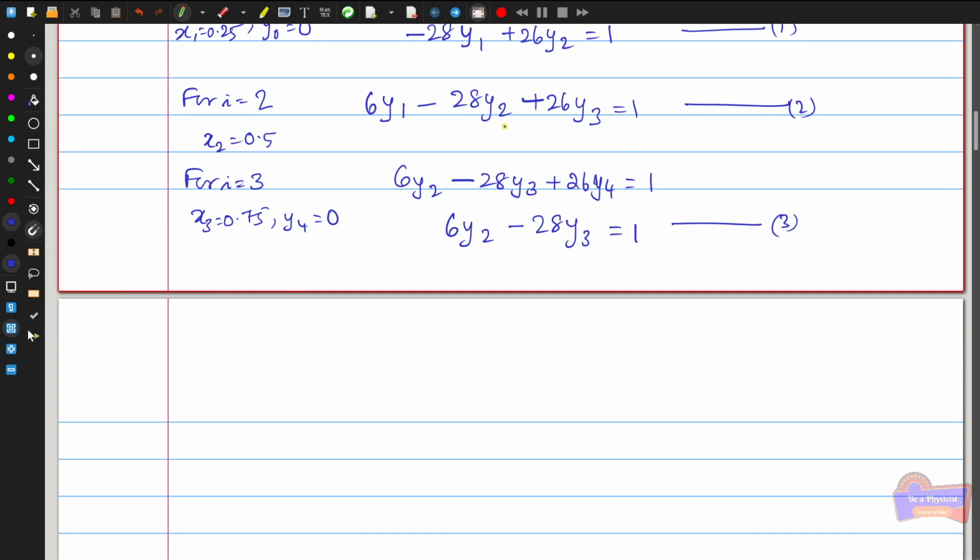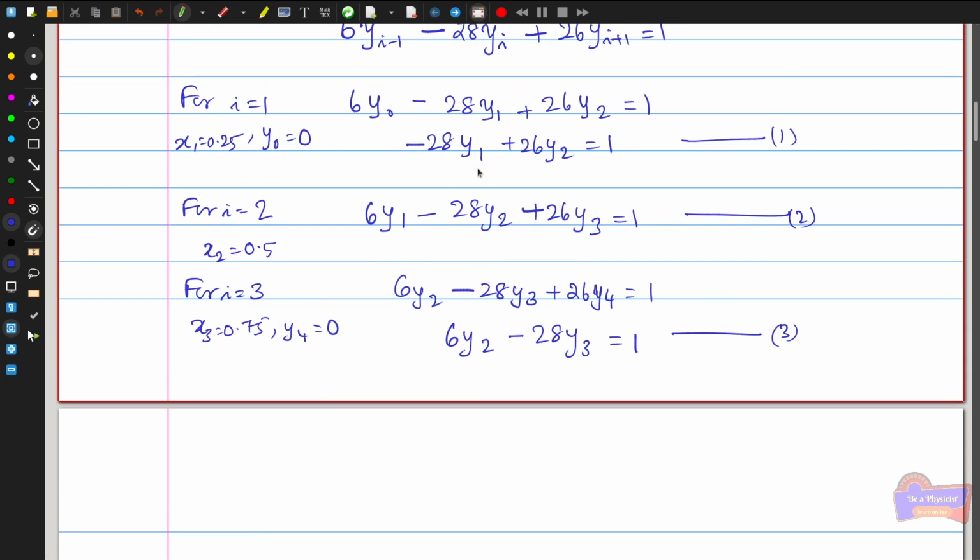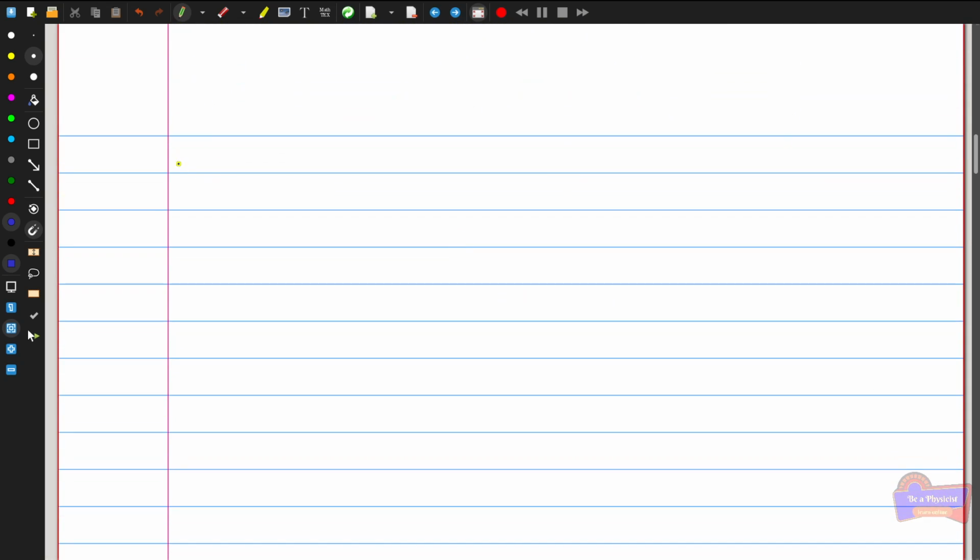Before doing that, I am going to collect the coefficients of y1, y2, y3 as a matrix. So I can write this as minus 28, 26, 0; 6, minus 28, 26; 0, 6, minus 28.